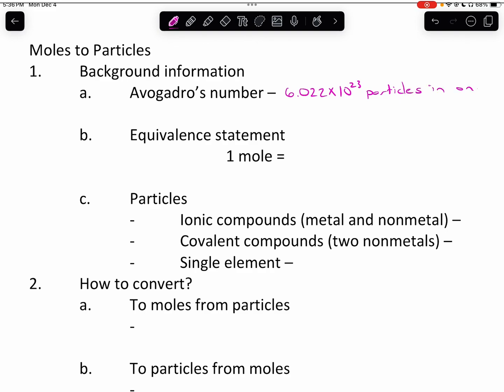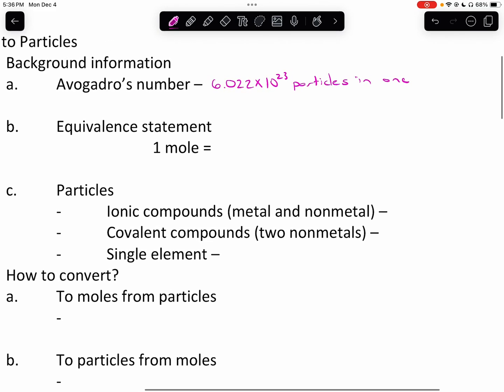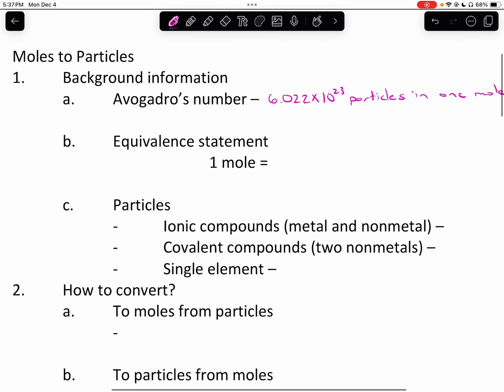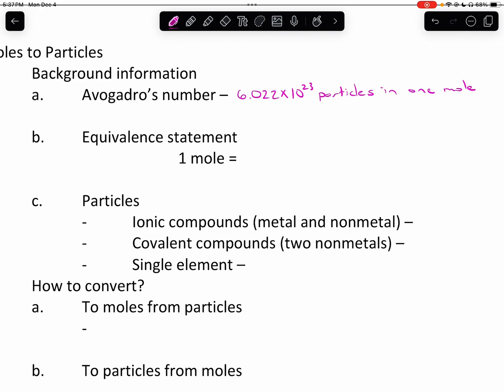If you remember, in the last video we talked a little bit about a mole, and we were trying to compare apples to apples, if you will. This is one way we're counting that many particles. Remember, this is a really, really large number, and we said moles were an amount of substance. So this is just another way to calculate an amount of substance.